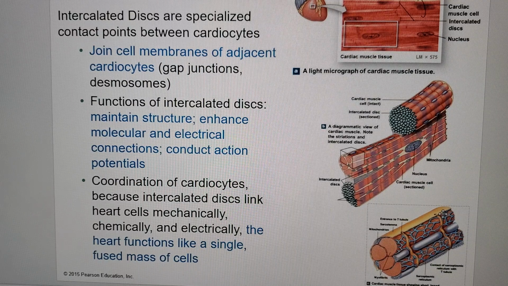So they physically help the heart maintain its structure. They also help conduct electrical impulses through the heart muscles. They help coordinate cardiocytes. They link the cells mechanically, chemically, and electrically. The heart then functions like a single fused mass of cells.